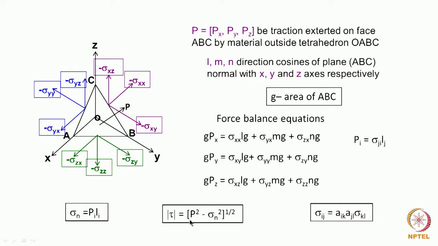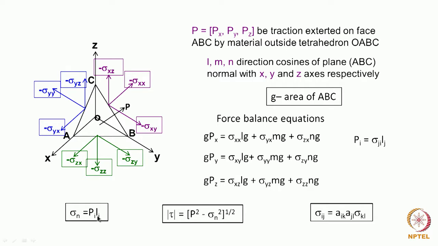Here, if we wanted to calculate the shear stress, if we know the normal stress, how do we calculate this stress? If we wanted to find out the normal stress, we know the components of Px, Py and Pz. In the normal direction, normal to this plane, we have to find out, then we will get sigma n.